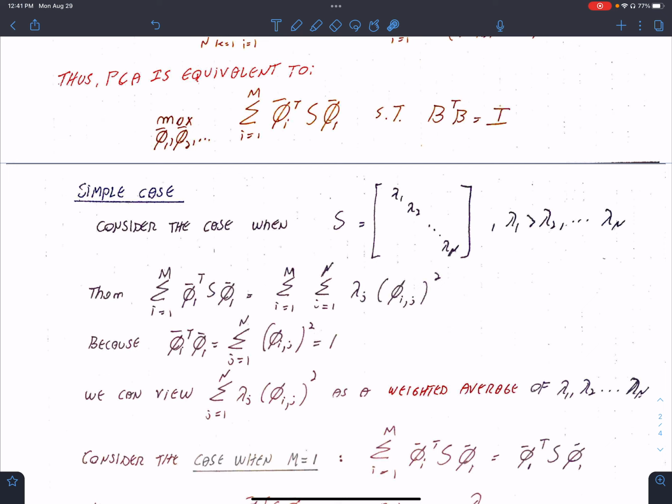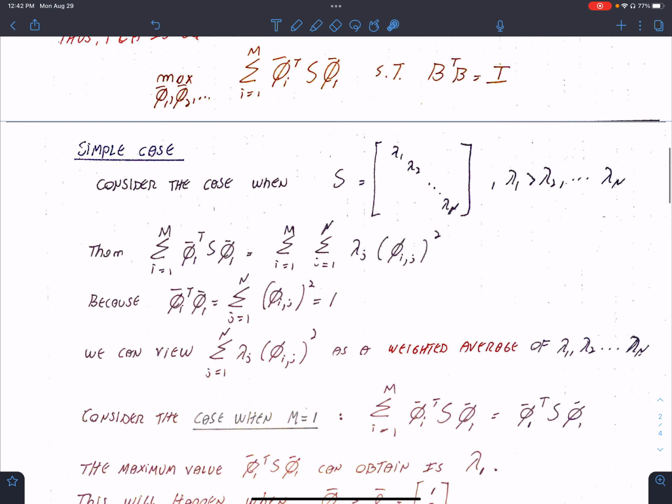So it's like summing up all the squares of all the elements of the ith vector, but of course, multiplying by the particular lambda of that dimension. And once again, we're assuming that each of these phi's are orthonormal, which means the dot product between them gives us always 1.